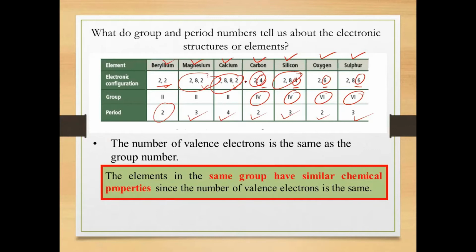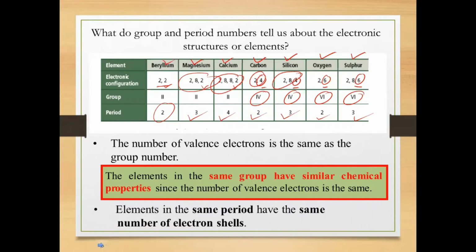So these 3 elements belong to the same group, that is the second group. They all have 2 electrons in the outermost shell, therefore they have the same chemical properties. Chemical properties depend on the number of valence electrons. So when elements have the same valence electrons, their chemical properties will be similar.